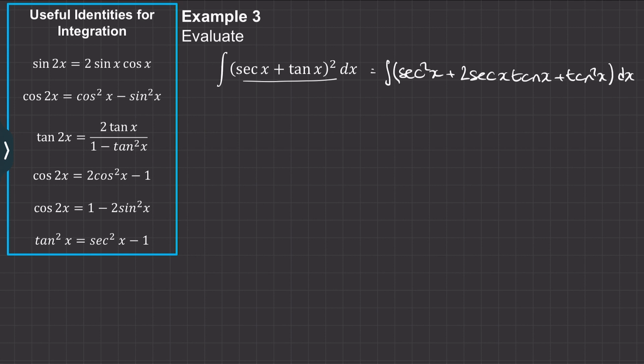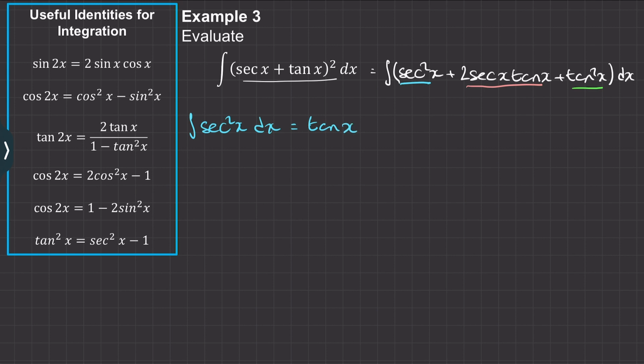So now we're going to break these down into their separate integrals. We'll have this one in blue, this one in pink, and this one in green. So the blue one is the integral of sec squared x. And we know that this is a standard integral which integrates to give us tan x.